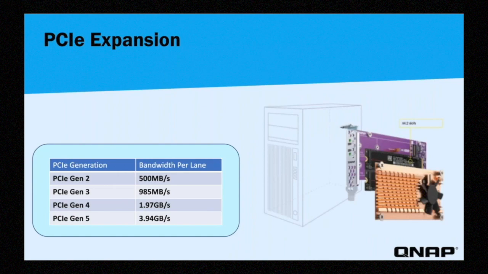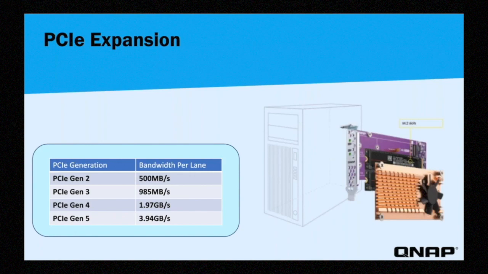And something to consider when adding an M.2 SSD through a PCIe card is the generation and number of lanes supported by the PCIe connection that you're using. If the generation is older and only has a few lanes, you could potentially see some bottleneck in terms of performance.